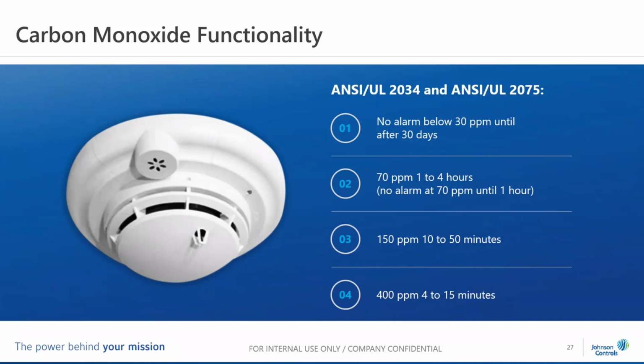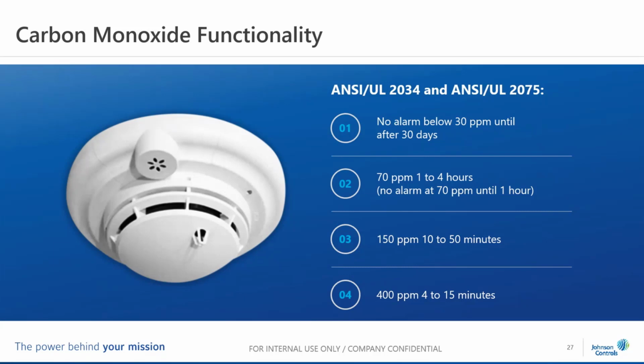I hope all of this makes sense. Another point, I'm running out of time here. Another point is, this is why carbon monoxide devices are different for life safety than they are for environmental use. When you are starting to see some of the building codes for environmental use say, when you see 20 parts per million or 15 parts per million, turn on some exhaust fans.